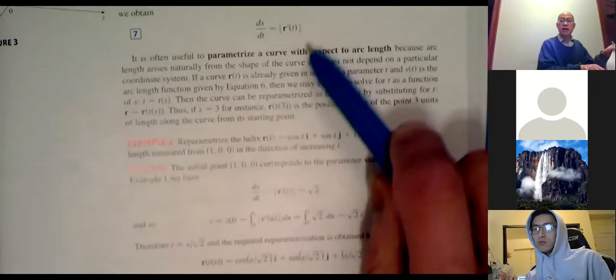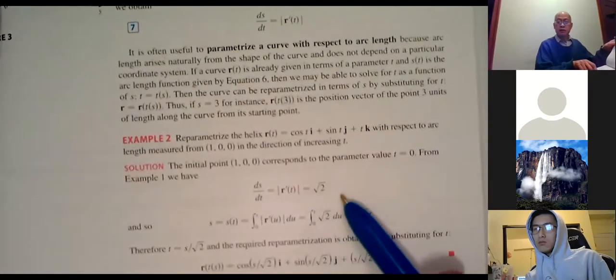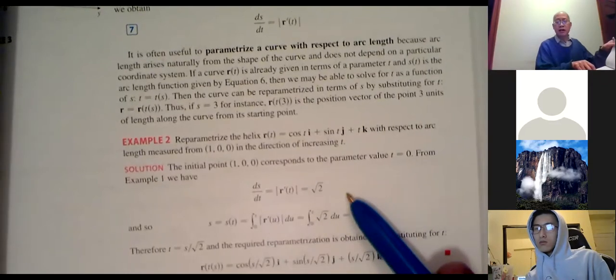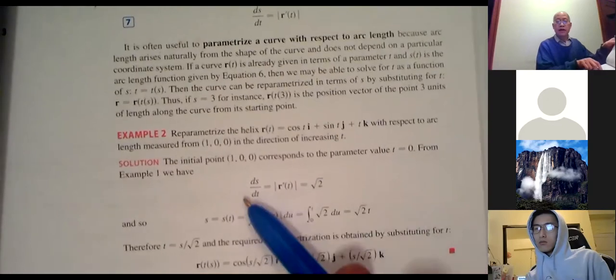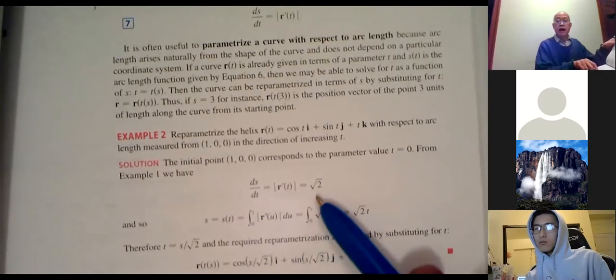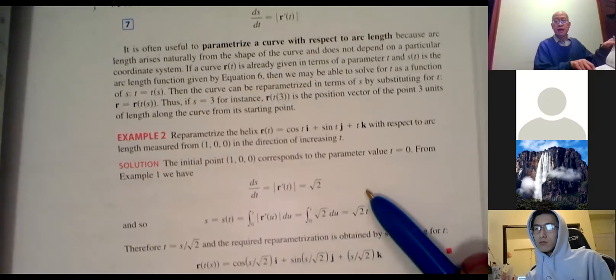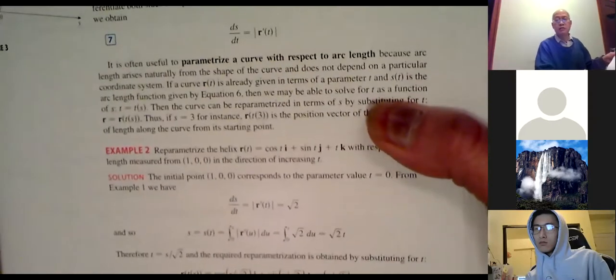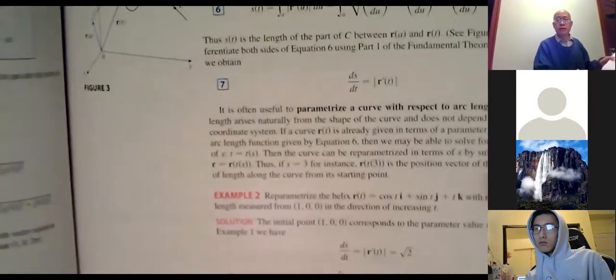In the example that they give you here, this came out to be radical 2. If you multiply both sides by dt and integrate, you have s equals the integral of radical 2 dt, and you would make such a substitution. I know that's kind of hard to explain. I don't really want to spend too much time on it because, frankly, there aren't that many problems with it.